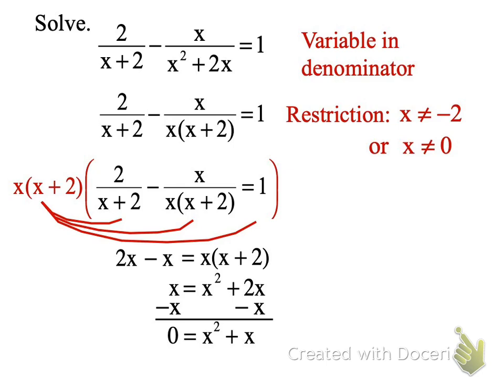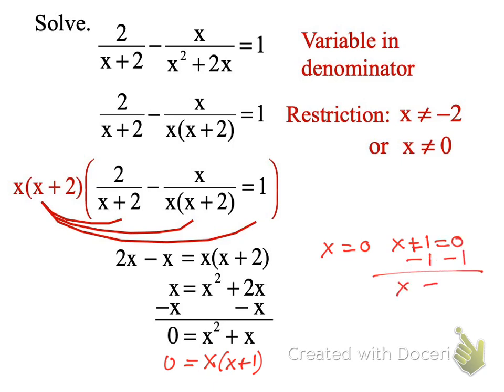These binomials are so easy. I divide an x out, it's just GCF. X plus 1 equals 0. So my solutions here are x equals 0 or x plus 1 equals 0. Subtract the 1. So it's x equals negative 1.